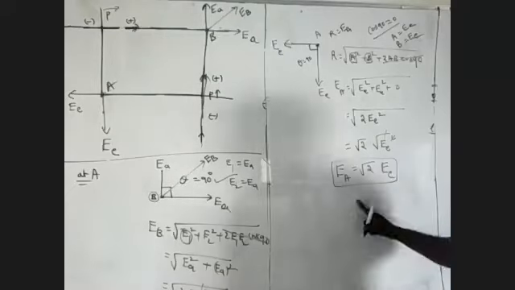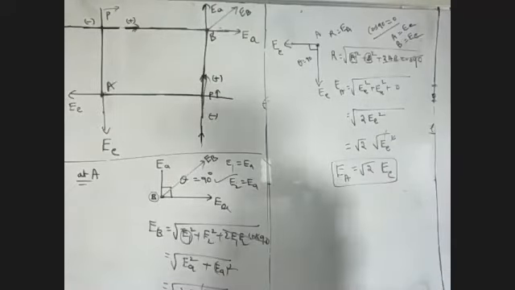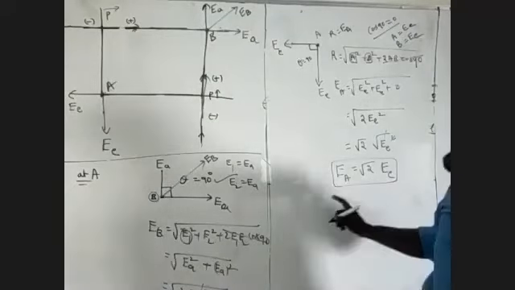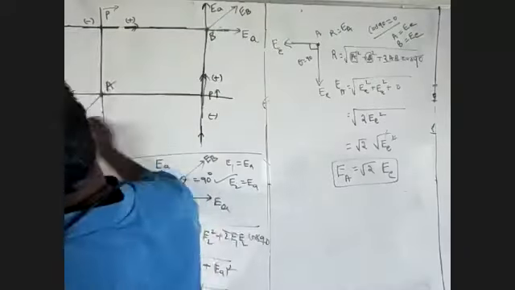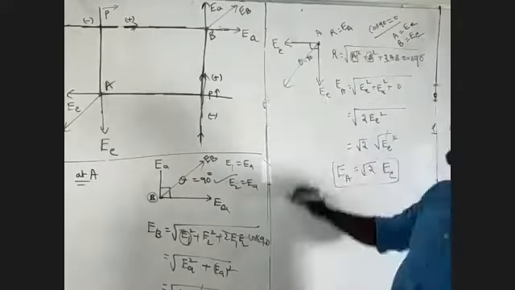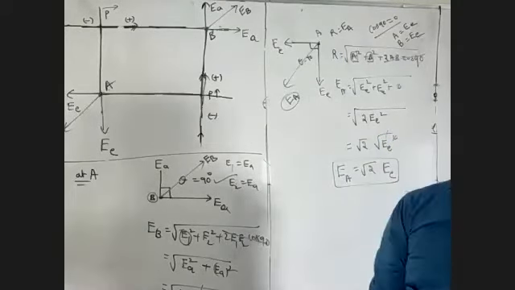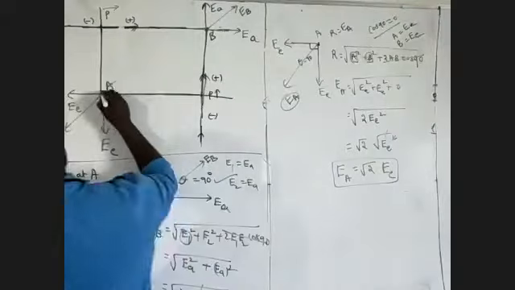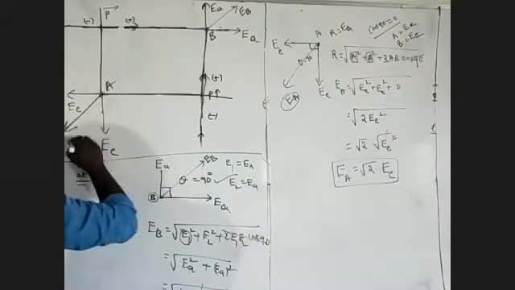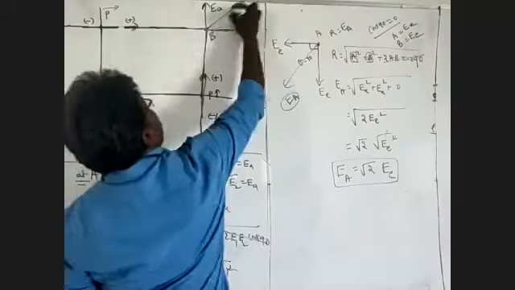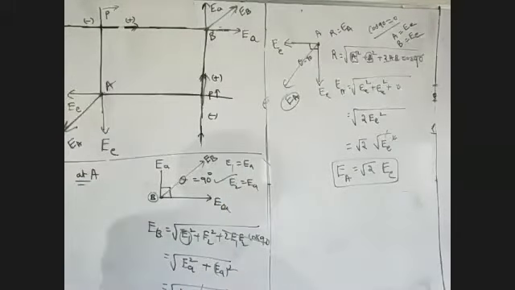This is the magnitude of EA, but the direction of EA is downward. You will see the EA direction is down.